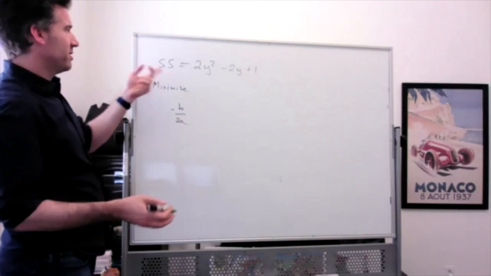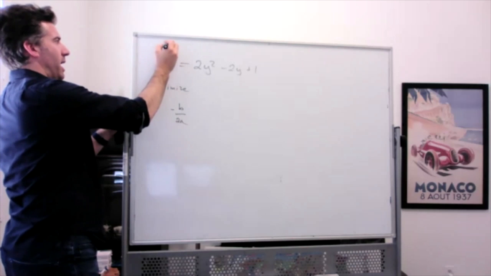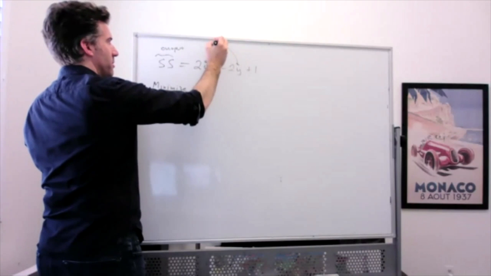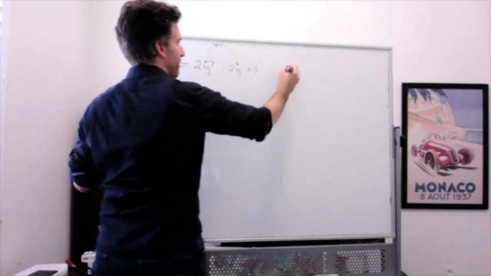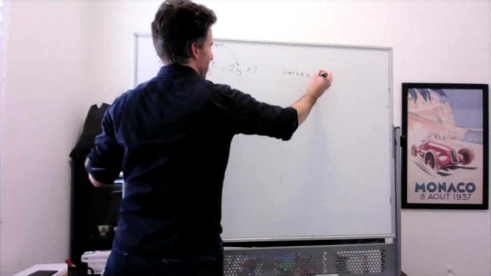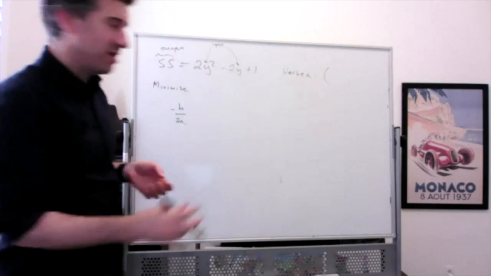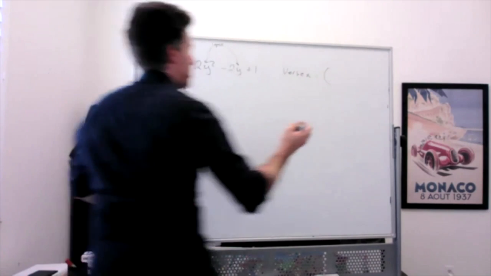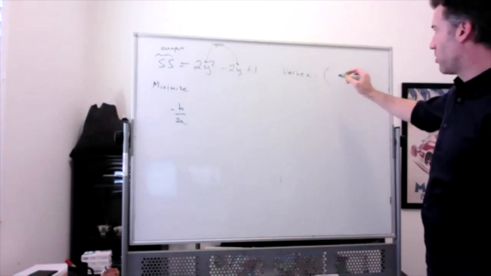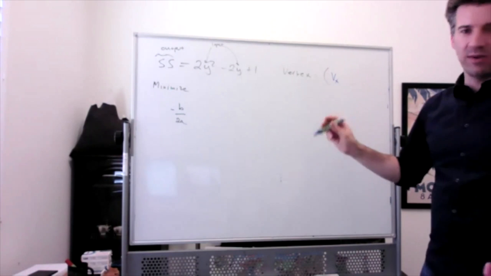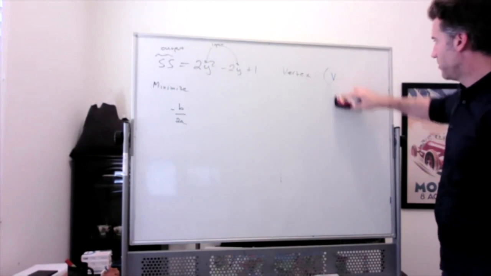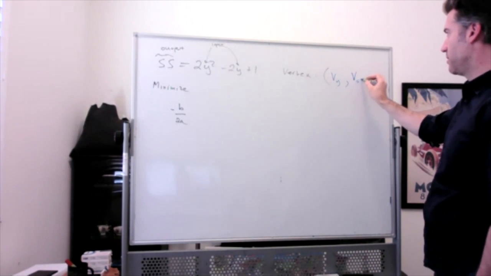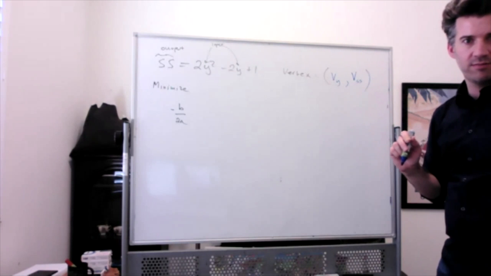But since this is my output and the y's are my input, I'm kind of thinking of the vertex, if I'm going to use the notation that I usually use. The vertex, I'm thinking of the x coordinate as, or I should say really the first coordinate as Vy, and the second coordinate as V sum of squares.